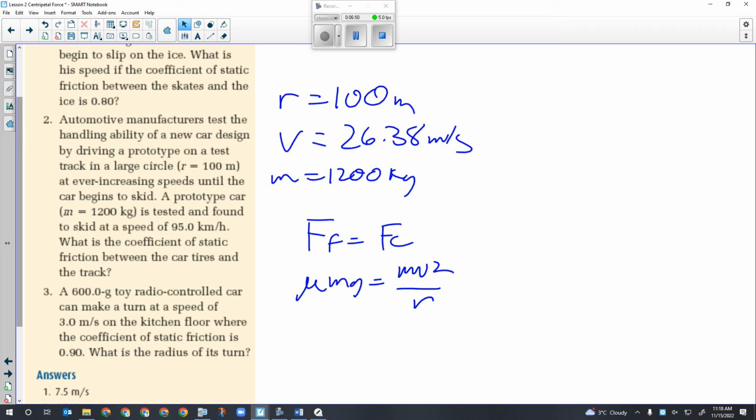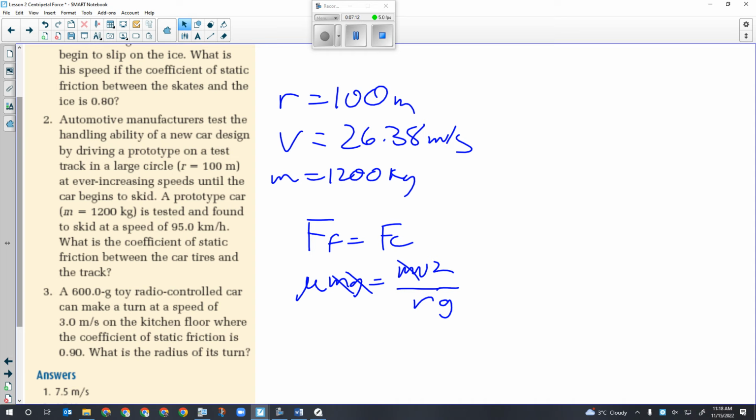If I'm looking for mu, my m's are going to cancel. Then divide both sides by g, and I'll be left with mu equals v squared over r g, which I pointed out last week is also the same as when you're calculating the tan of theta for a banked curve. Any curve is dependent on the same three things: speed, radius, and gravity.